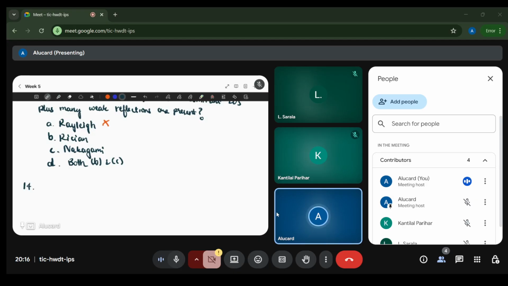Then the answer will be the negative of the value you find on the x-axis. That you can just do yourself. I'll skip 14 and 15.